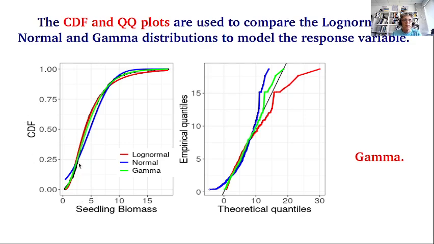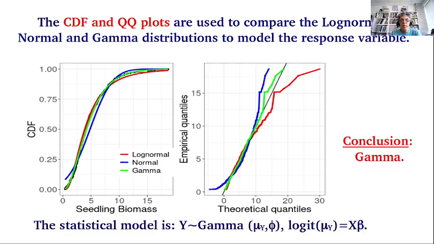In the cumulative distribution function, we see that the three distributions are pretty similar, and it's almost impossible to differentiate them, whereas this is a lot clearer in the QQ plot, in which we see that the gamma distribution is better than the normal and the log normal distribution. So in some cases, the log normal distribution, which has another particular relationship between the mean and the variance, would be better than the gamma. So these should be assessed on a case-by-case basis.